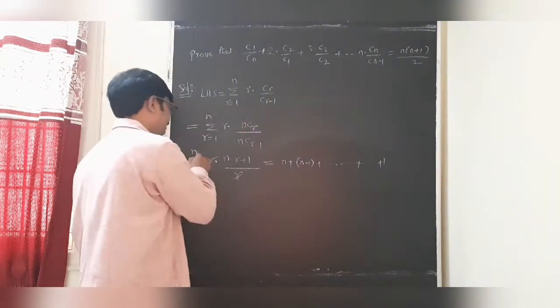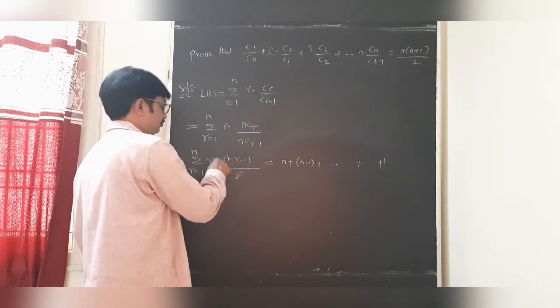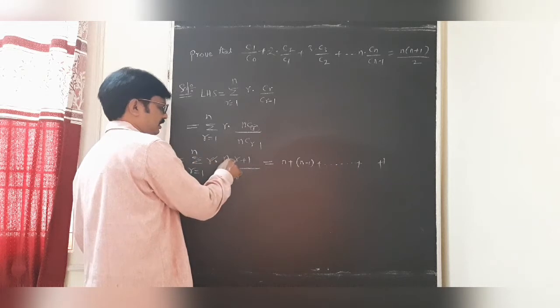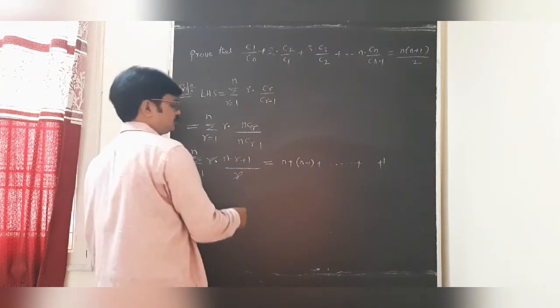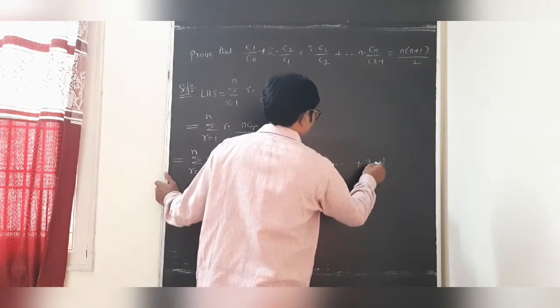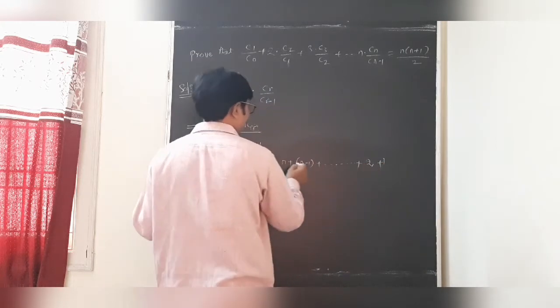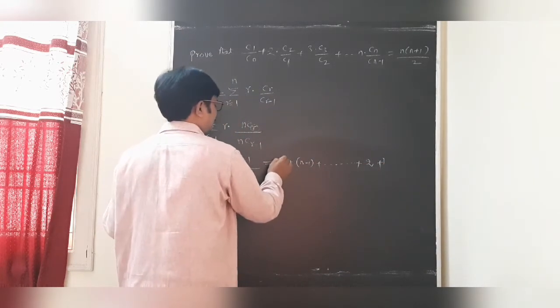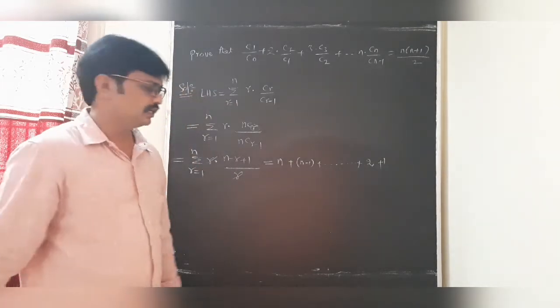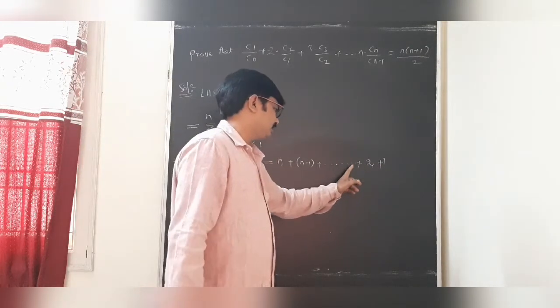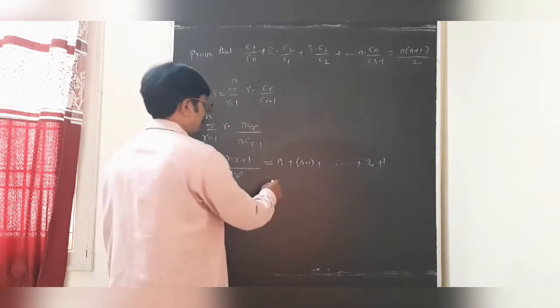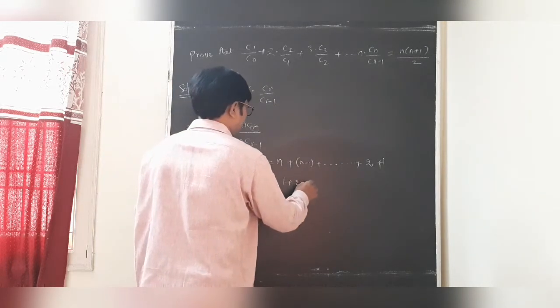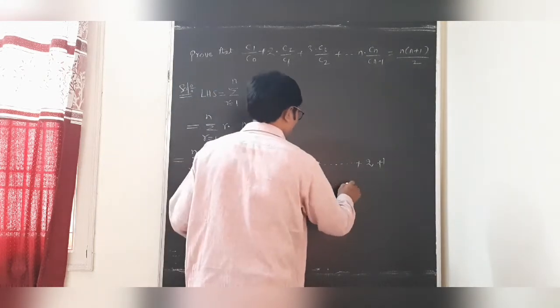When r equal to n minus 1, n cancels, minus of minus plus 1, that is 2. So, students, 1 plus 2 plus and so on up to n. The last term is n. What is it, students? 1 plus 2 plus 3 and so on up to n.